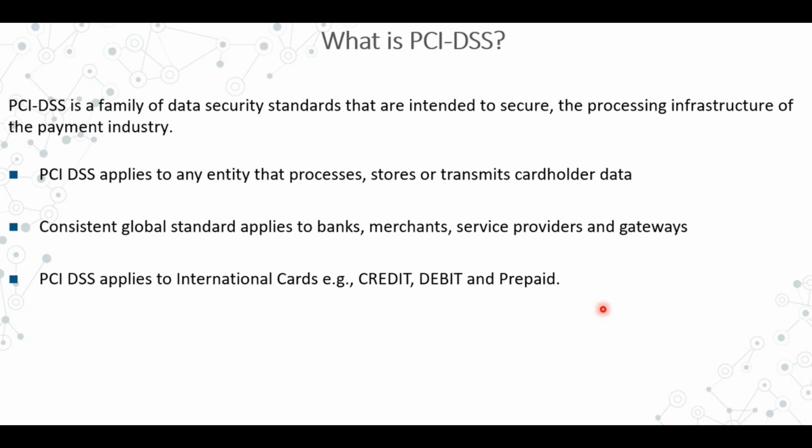When you enter those details, if that entity is certified, they have to declare for what reason they need the card or any other detail, and what the retention period would be.